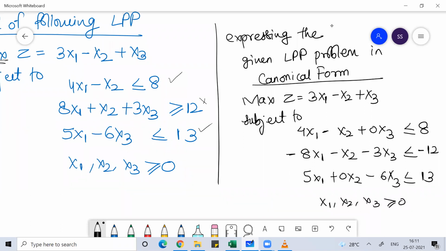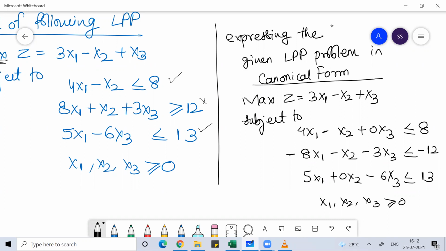So we need to make sure that whenever we see the problem, it is expressed in canonical form. If your objective function is maxima, then the inequality sign of your constraint should be less than or equal to, while if your objective function is minima, then the inequality sign of the constraint should be greater than or equal to.